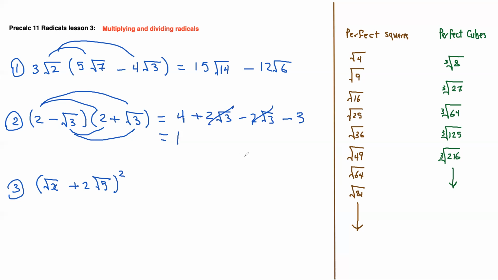One thing I want to bring to your attention is if you multiply a radical by itself, so square root of 7 times square root of 7 is simply 7. Yes, it's square root of 49, but square root of 49 is 7. So you could take a shortcut when you do root 7 times root 7, just write 7. You don't have to go through this process.